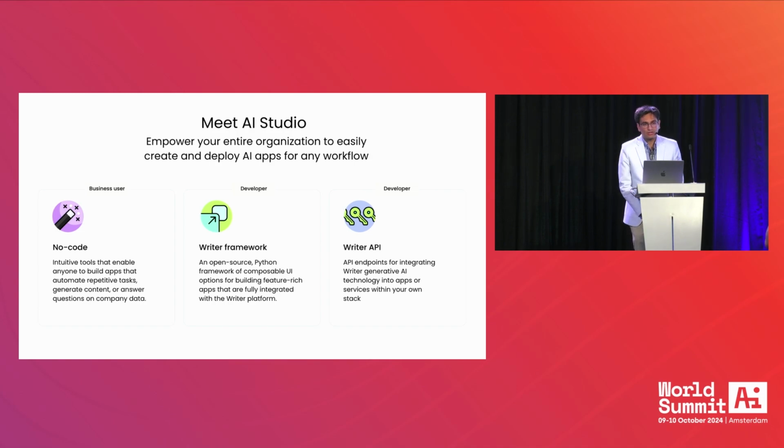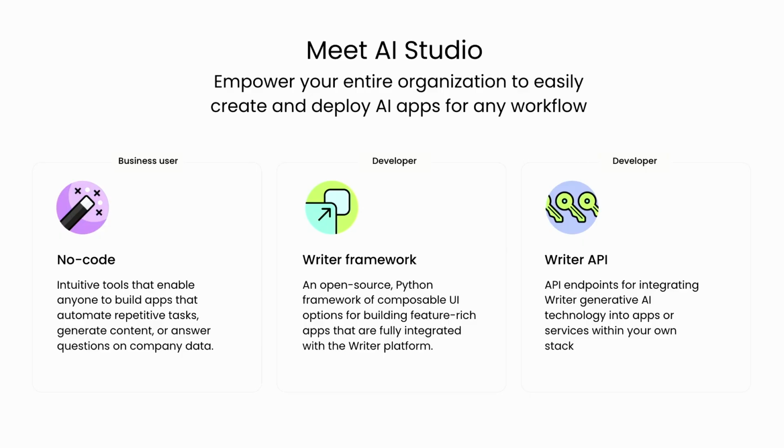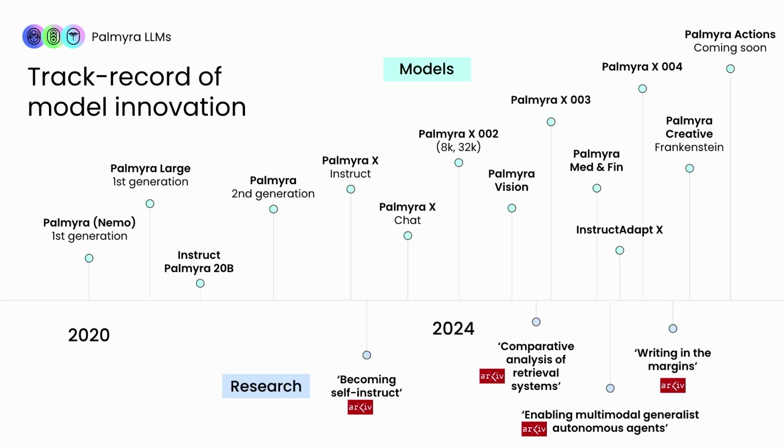So we have a pretty robust engineering and data science team, and a whole host of models. I actually have one slide to show the track record of our model innovation. And just to reiterate, because customers often get confused, these are entirely built in-house by the Writer team. They're all proprietary. There's nothing built on anything external from what's in the market today.